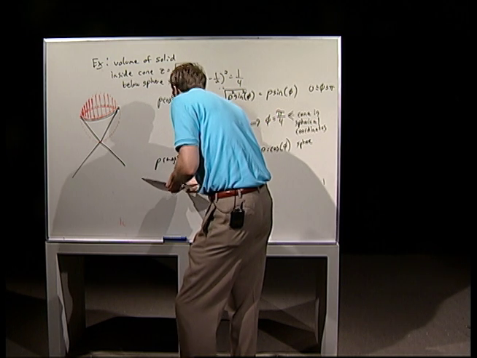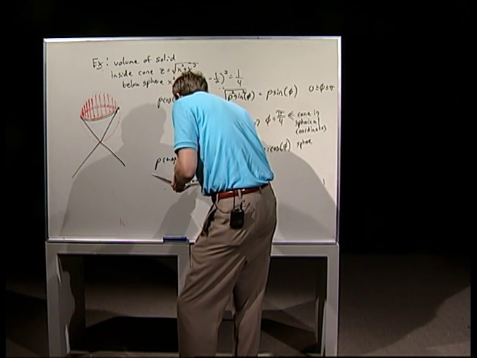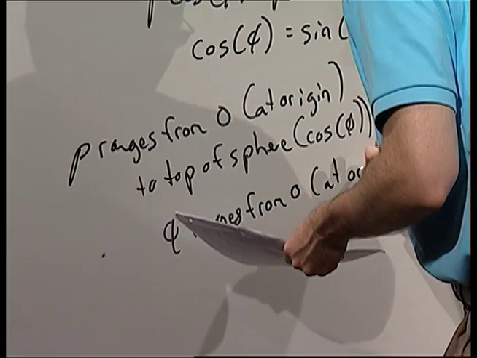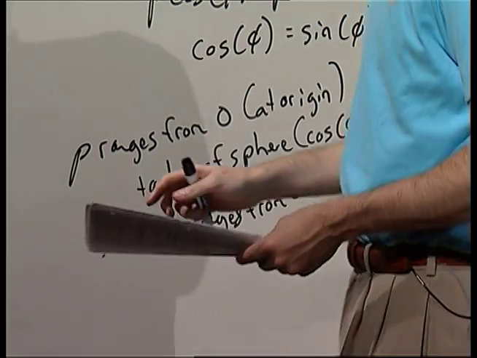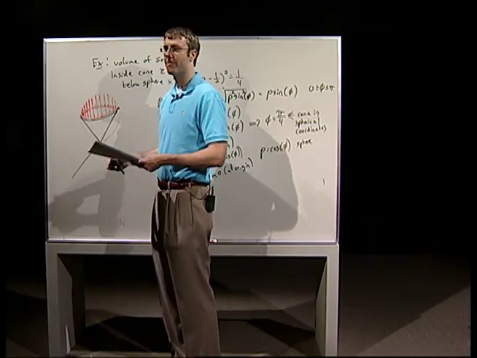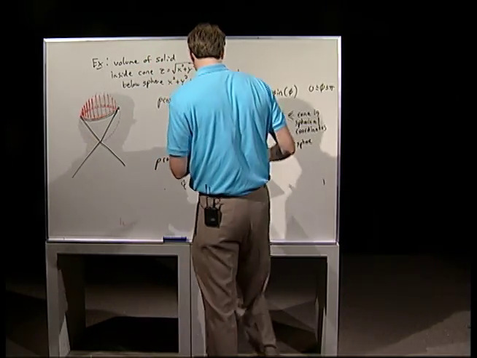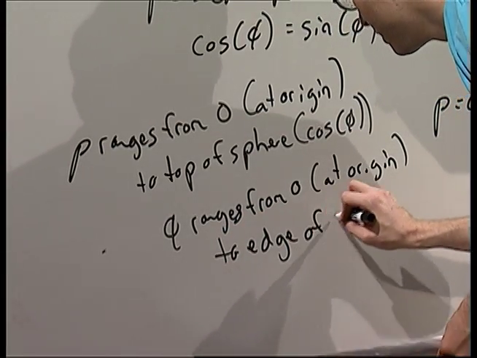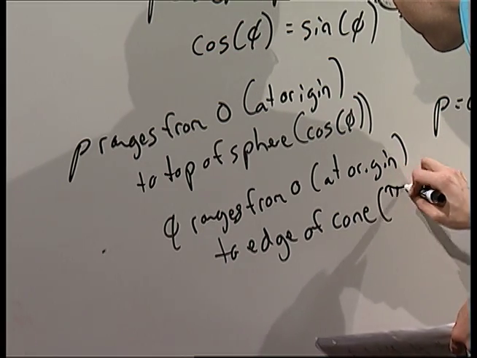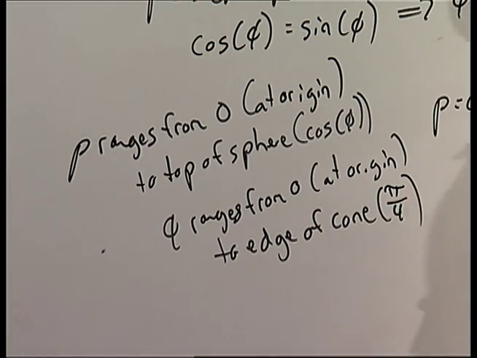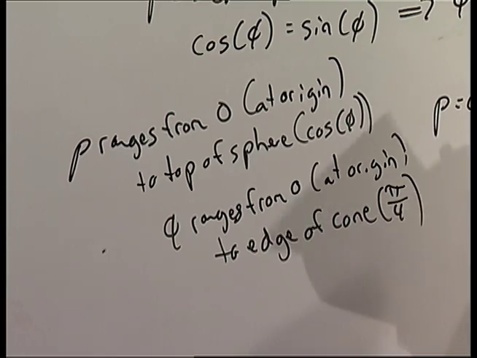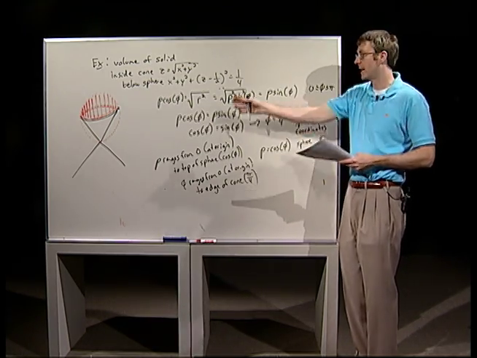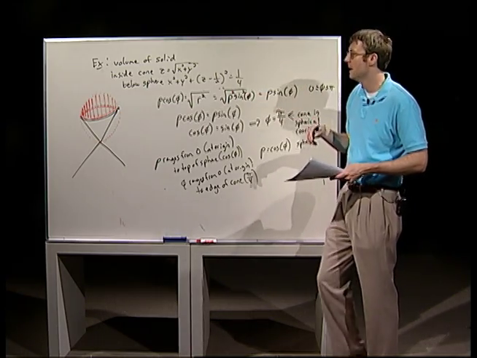How about phi? Well, phi ranges from 0. Again, there's that point on the z-axis, and you extend your arms out either direction. How far do you go out? You go out pi over 4. So phi goes to the edge of the cone, which is pi over 4. So your phi range is from 0 to the edge of the cone at pi over 4, and your theta range is 0 to 2 pi, because those guys are circular cross sections.